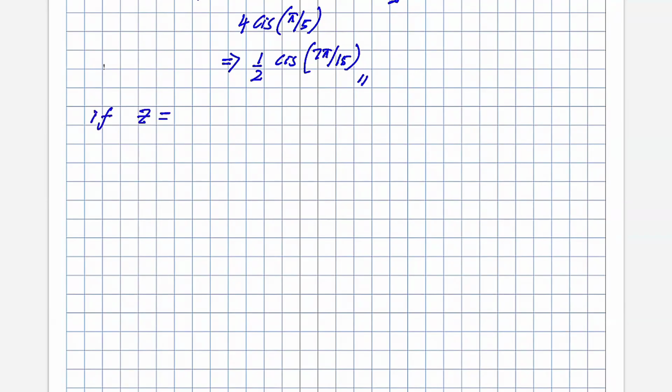If z is equal to r cis theta, what is z to the power n?